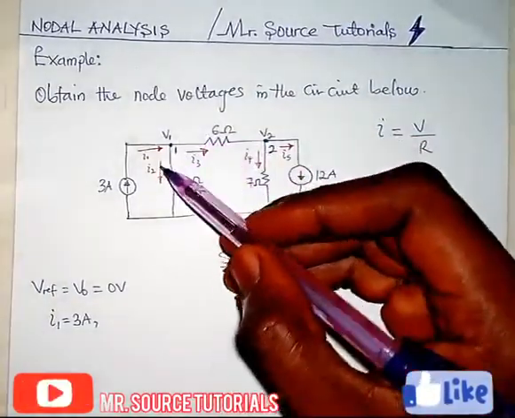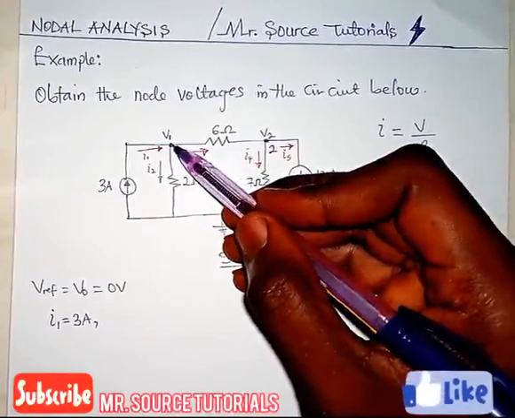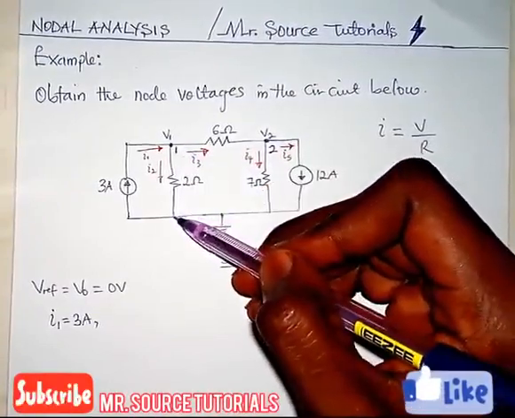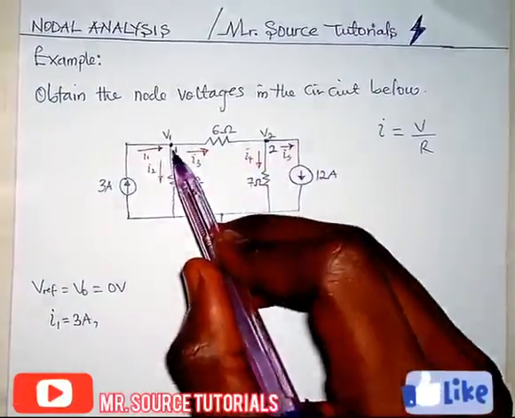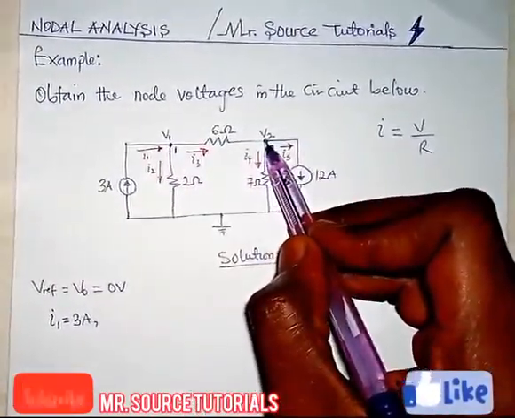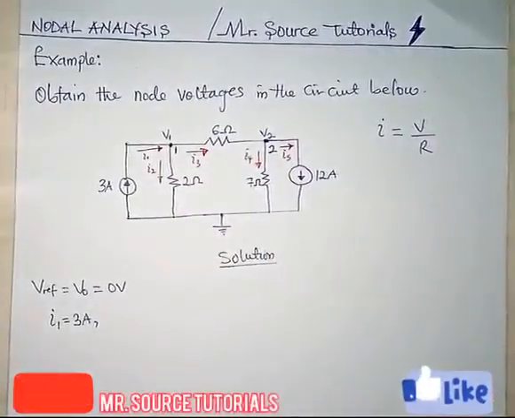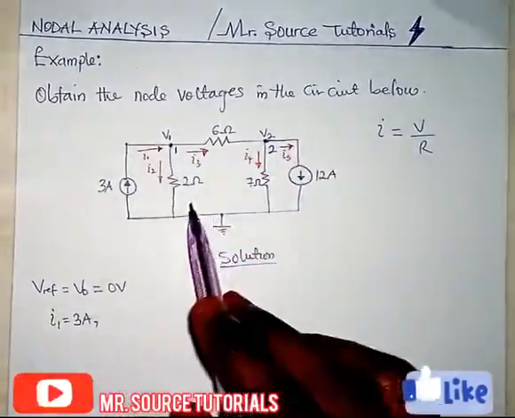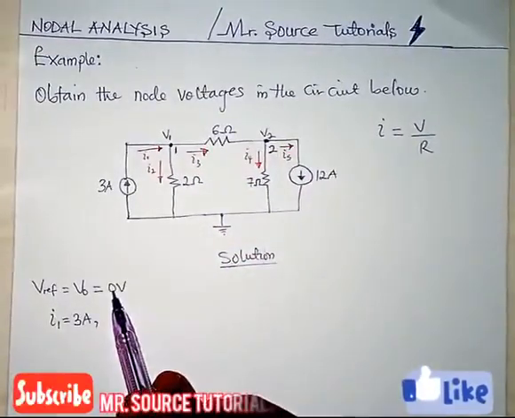That is, if this current is flowing from this node down, it's going to be V1 minus the lower one. If it's flowing in this direction, it's going to be V1 minus V2, always the higher minus the lower. That is the note. And again, our reference voltage V0 is always equal to 0 volts.